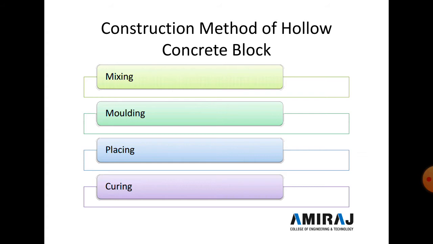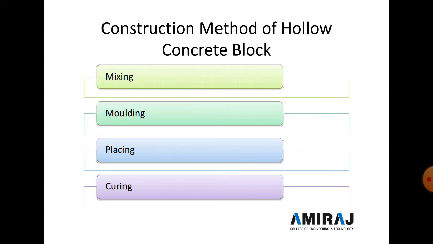Now the second point in the construction method of hollow concrete block is molding. After making a homogeneous mass of concrete by processing the mix, the next operation is called molding. Molding can be done either by hand casting or by machine casting.